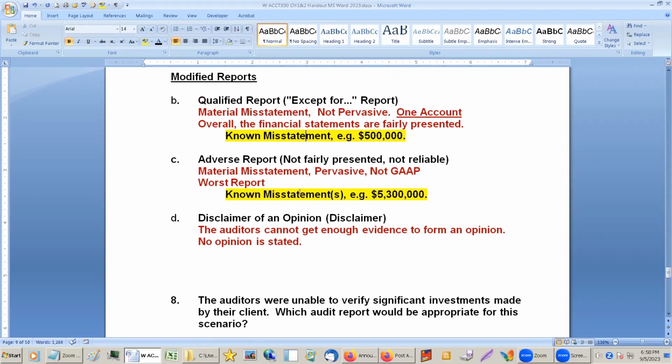So at least they have known misstatements. This one has an unknown. Statement, if any.